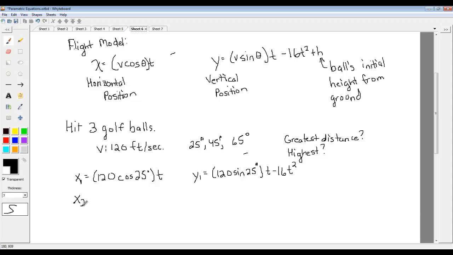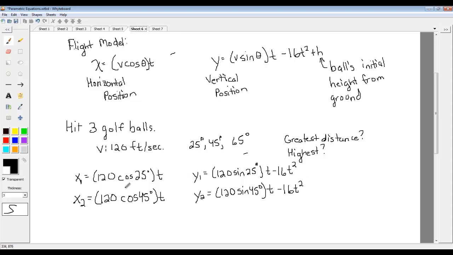X sub 2 for ball 2, we're going to have 120, that 120 is the initial velocity, cosine of 45 degrees times t. Y sub 2 is 120 times the sine of 45 degrees times t minus 16t squared.